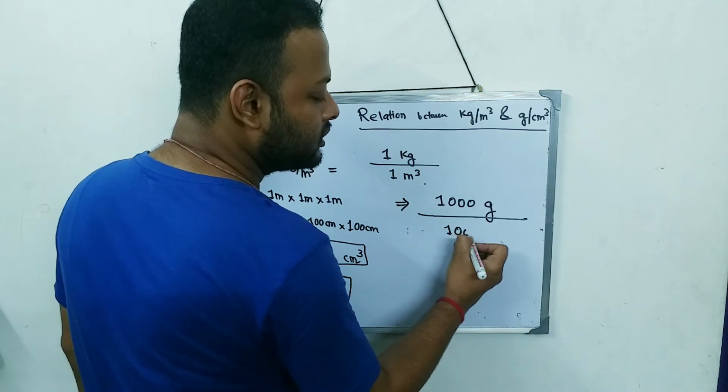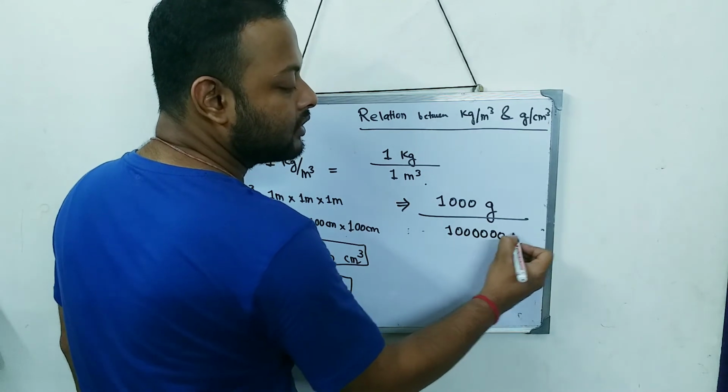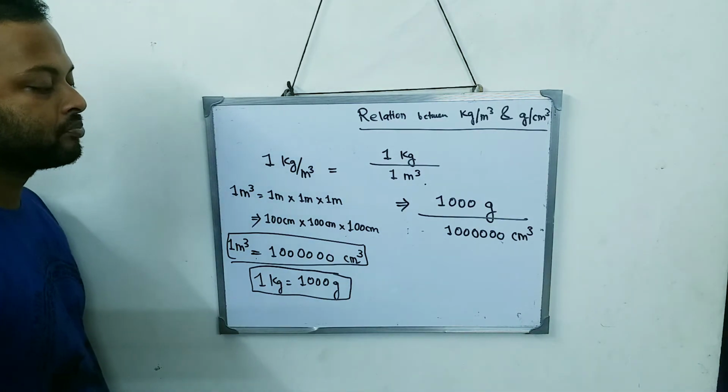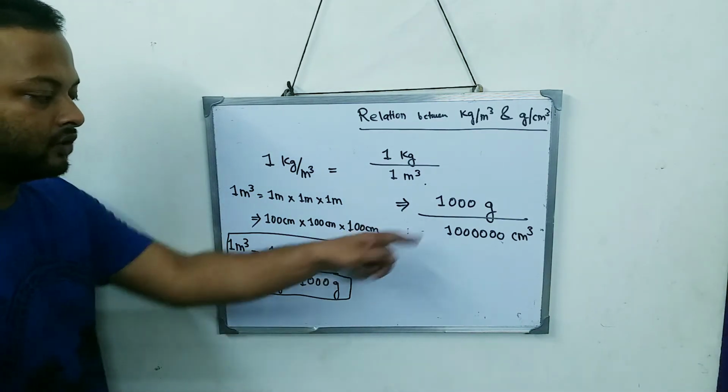Let's see what I get. So 1 kg per meter cube is 1000 gram divided by 10 lakh centimeter cube. So I put the two values.